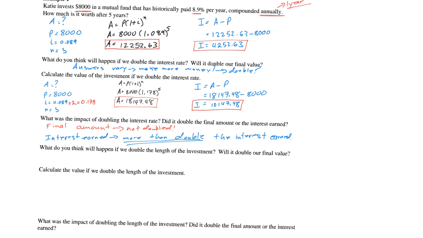Imagine we take our conditions that we started with at the beginning, and instead of doubling the rate like we did before, this time we're going to double the number of times that our money is compounded.